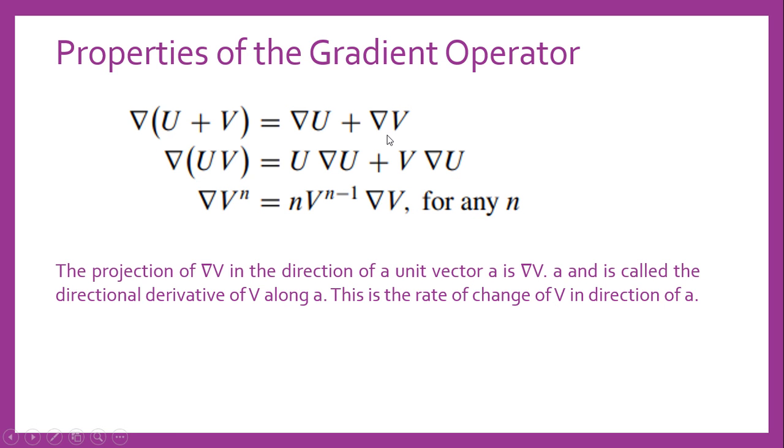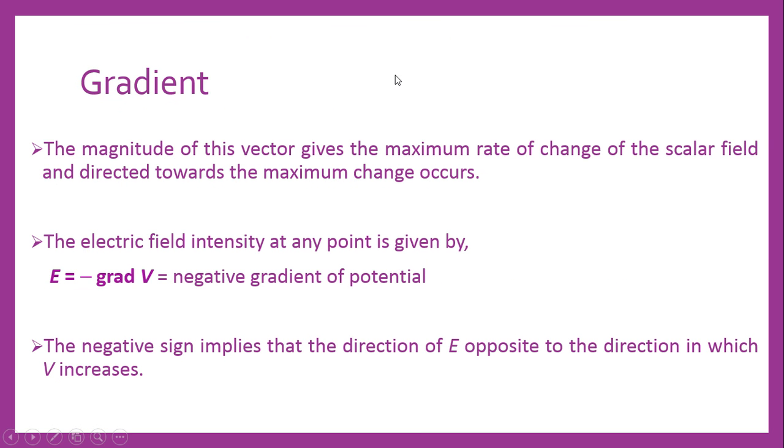If you want to get the directional derivative, you multiply this del v with the unit vector. The magnitude of the gradient vector gives the maximum rate of change of the scalar field, and it is directed towards where the maximum change occurs.